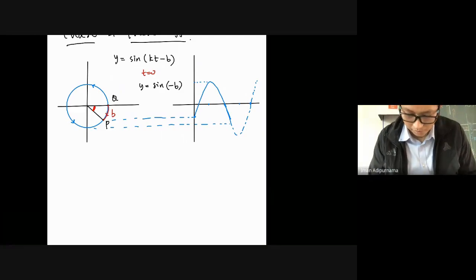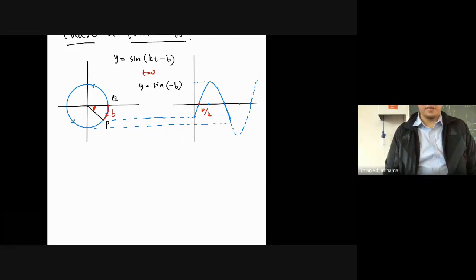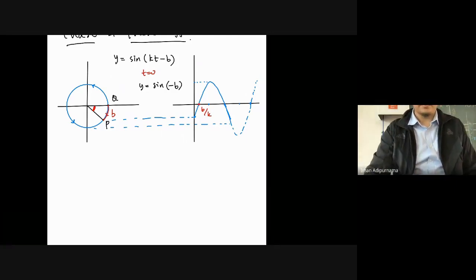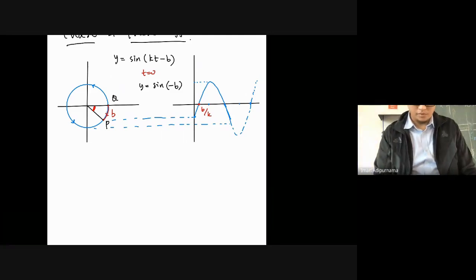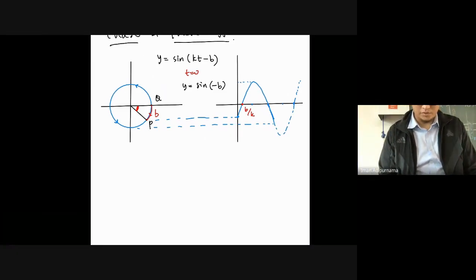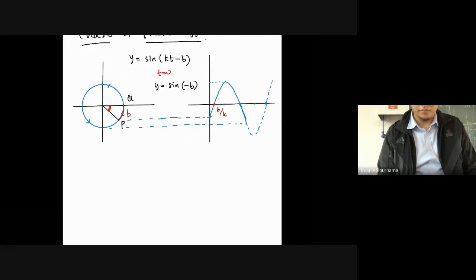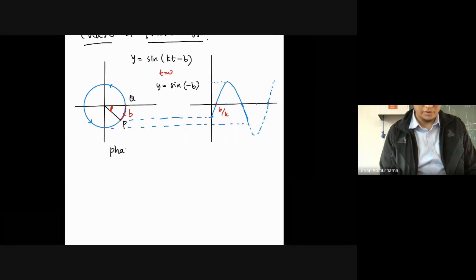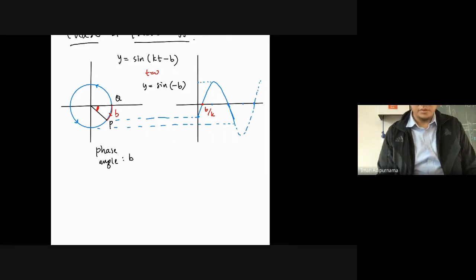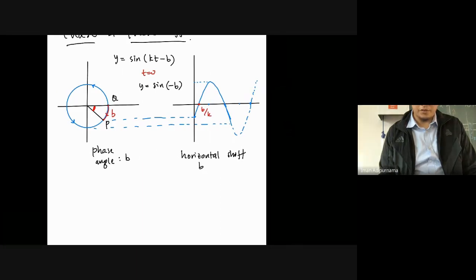So this will be the P over K. So this means the phase angle is B, okay, and it will be a horizontal shift B over K.